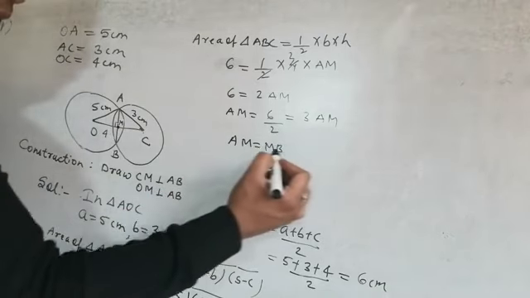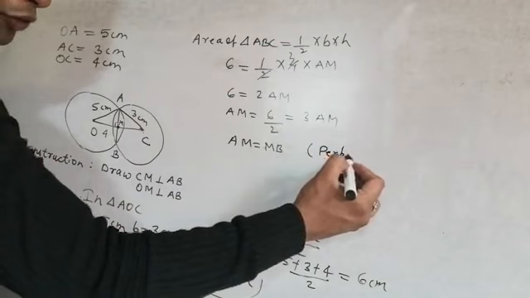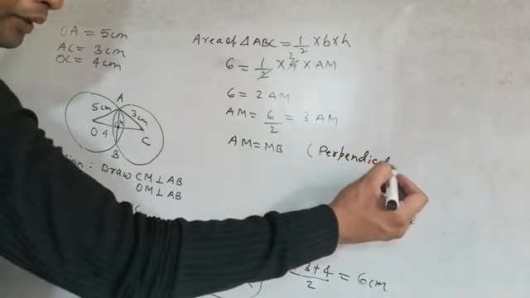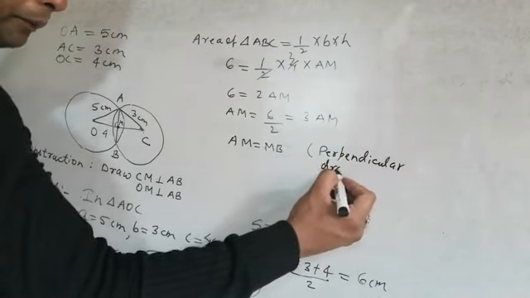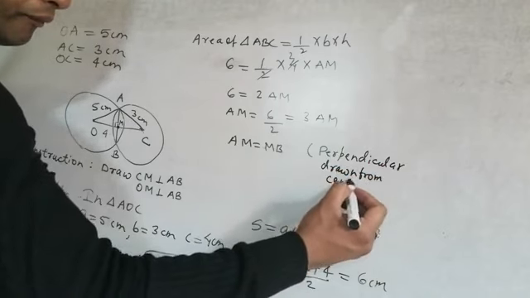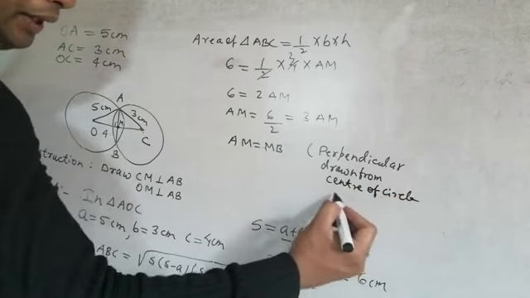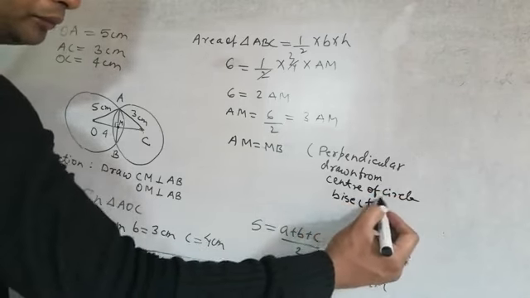So we can write AM is equal to MB because of this theorem: a perpendicular drawn from the center of a circle bisects the chord.